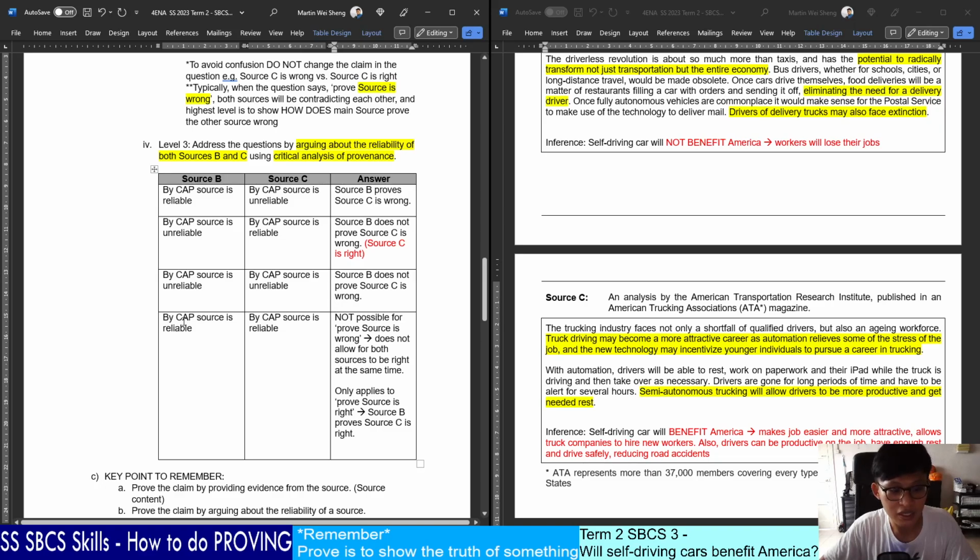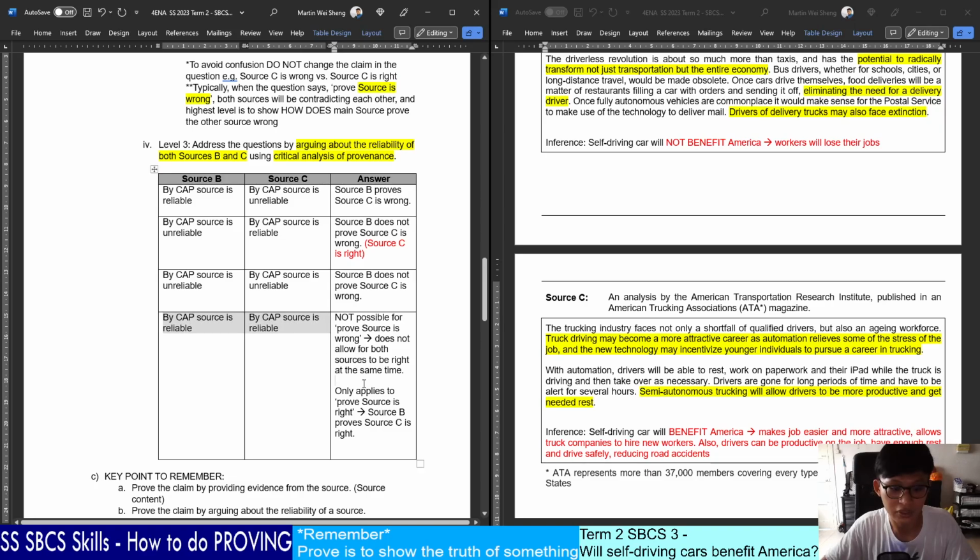Now, if by CAP both sources are reliable, it is not possible to prove that the source is wrong, because it does not allow for both sources to be right at the same time. So over here there are two scenarios.